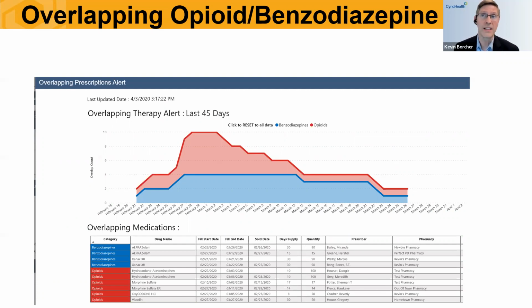But we also see this with antidepressants and antipsychotics. CMS, through the Support Act of 2018, requires Medicaid to track and monitor those on overlapping opioids and antipsychotics. And once again, this shows graphically and visually whether your patient is receiving an opioid and benzo, and where within that period of time, in this example 45 days, that falls.